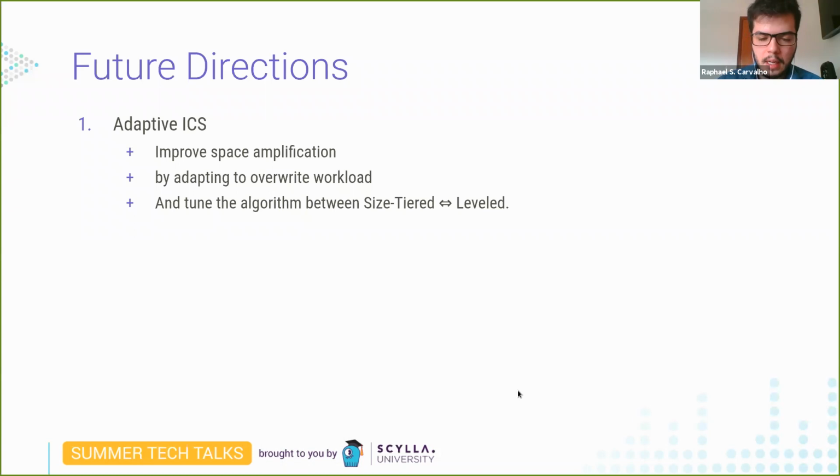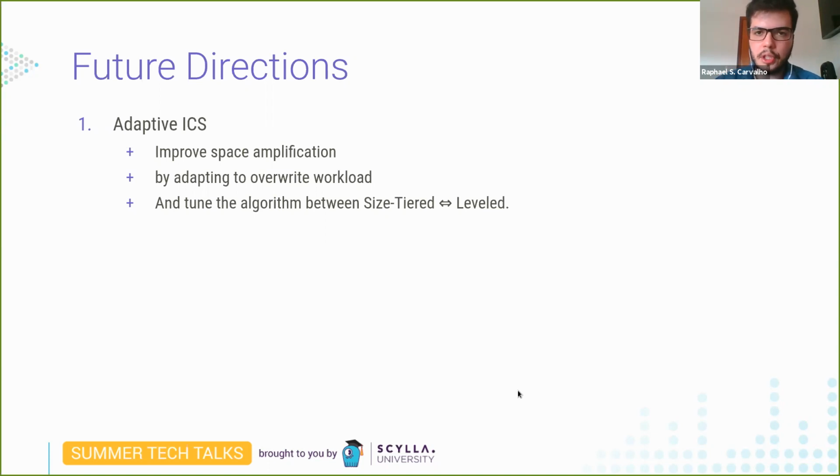You can think that size tiered compaction strategy works only with size tiers, and leveled compaction strategy works just with levels. So the idea here is to use both approaches, which would allow us to optimize for space when we don't need to optimize for writes. So it's basically trading off writes for space, write amplification for space amplification, depending on the workload.